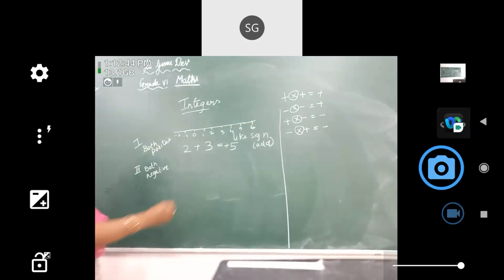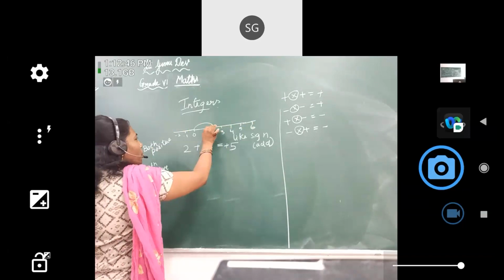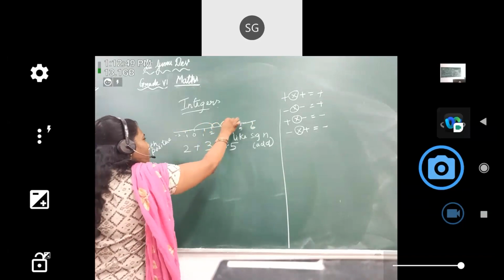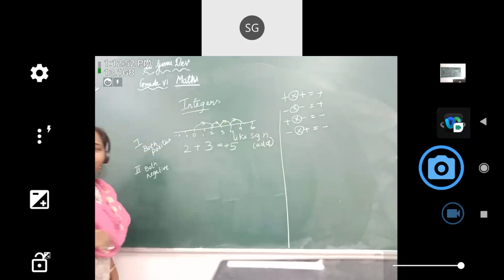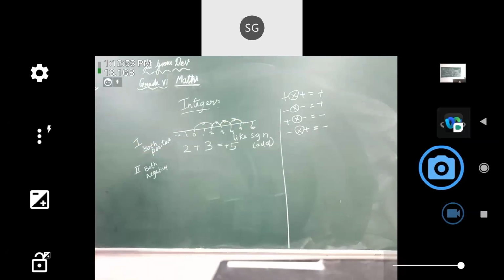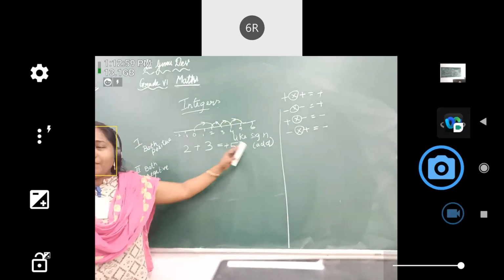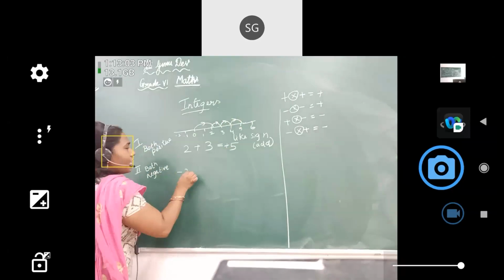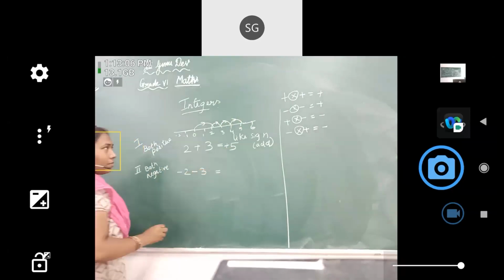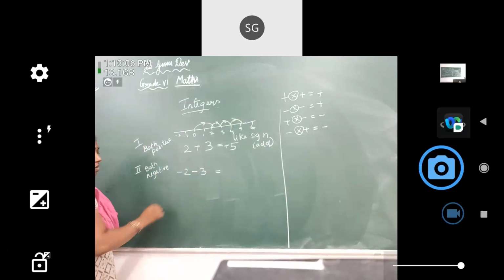See, 2 plus 3 means you will go to 2 and then you will add 3: 1, 2, 3. So you move in the same direction, right? Yes, ma'am. So we are adding. When it is like sign, we are adding. Now, both are negative, -2 and -3. How do you do this?